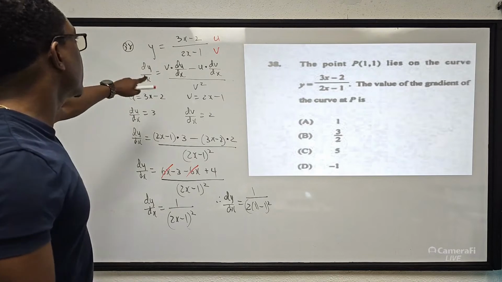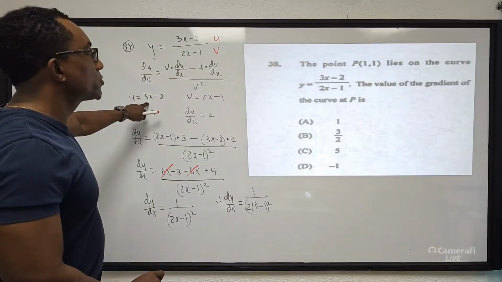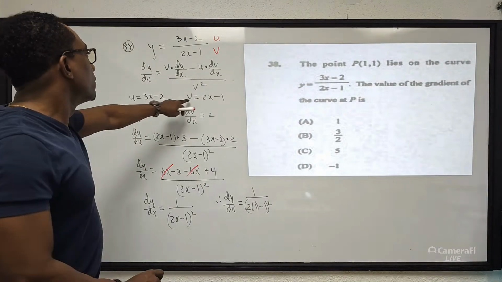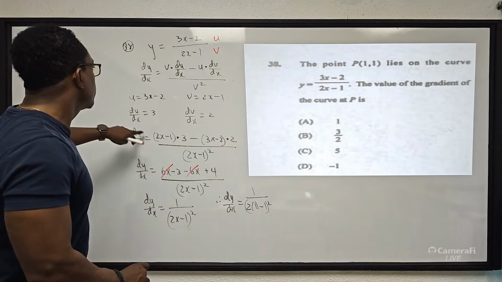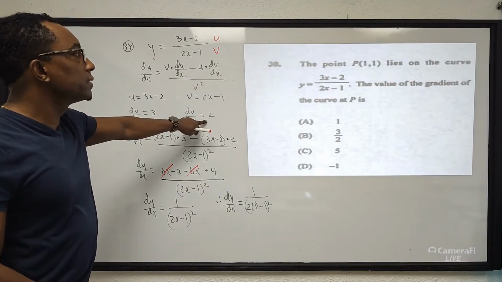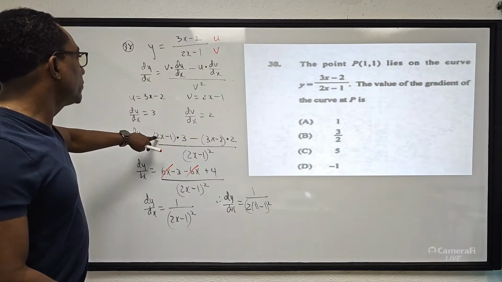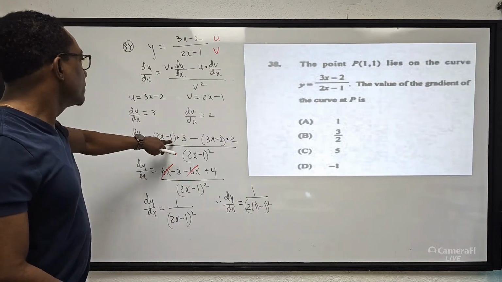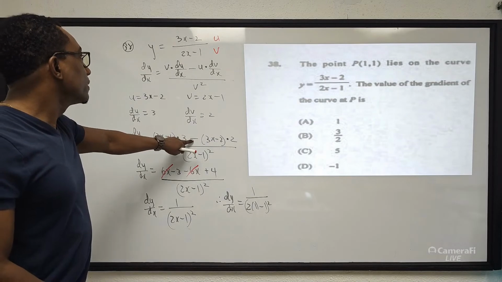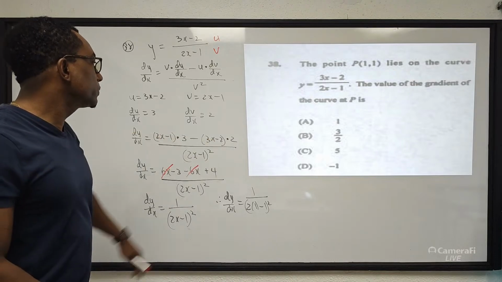Let me just double check here. So u is 3x minus 2, v is 2x minus 1, du over dx is 3, dv over dx is 2. We're going to get dy over dx: v, which is 2x minus 1, times du over dx, which is 3, subtract u, which is 3x minus 2, times dv over dx, which is 2.